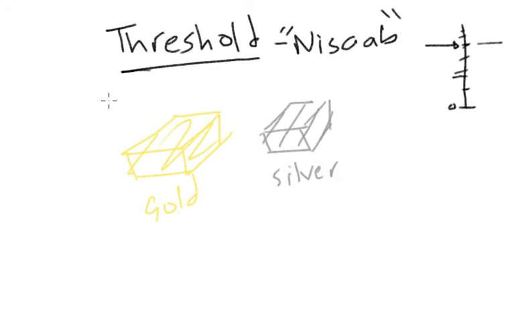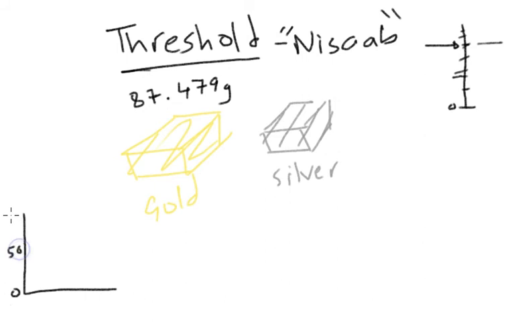The threshold of gold is 87.479 grams. So this is the threshold of zakat, meaning that if a person, let's say this is 0, this is 50, this is 100, had about 87, this is the threshold.